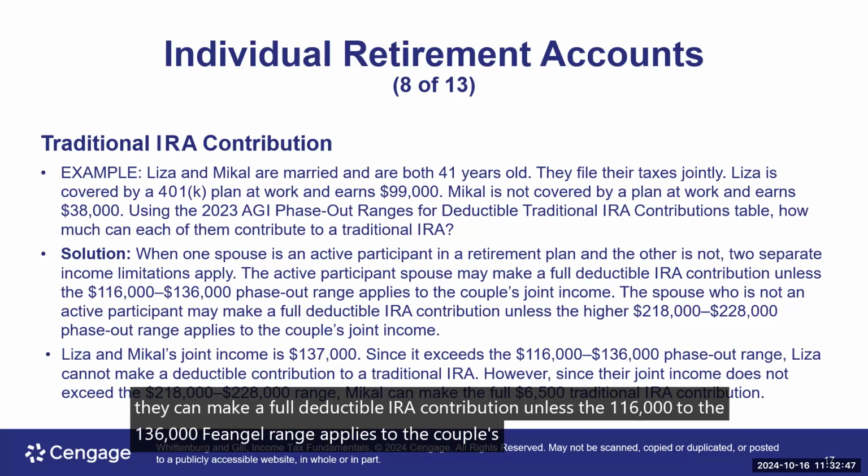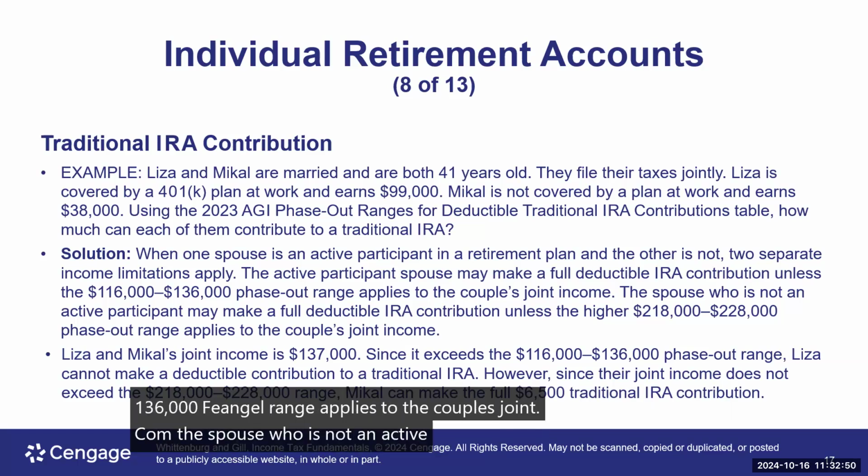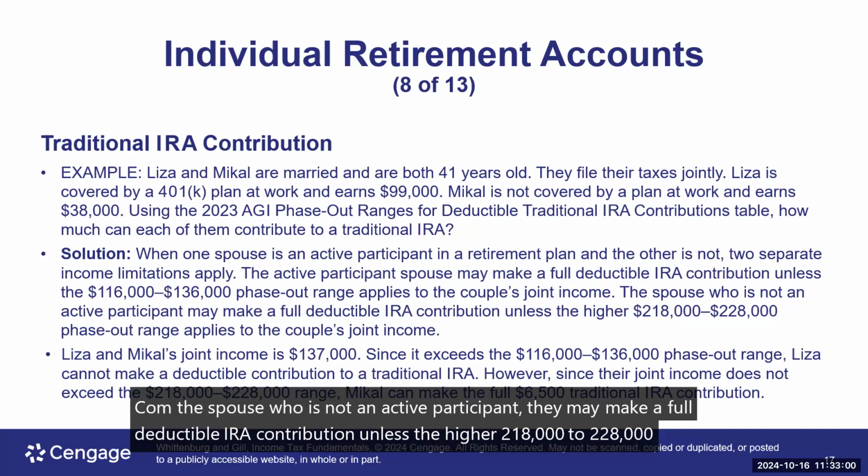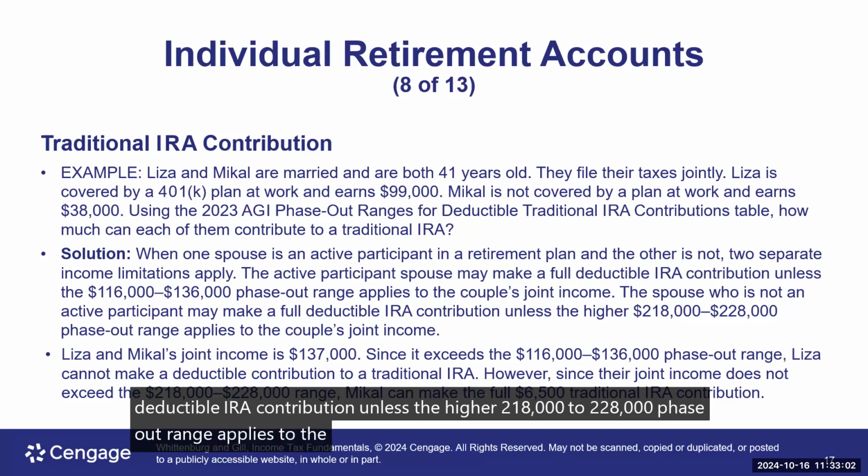The spouse who is not an active participant may make a full deductible IRA contribution unless the higher 218,000 to 228,000 phase out range applies to the couple's joint income.